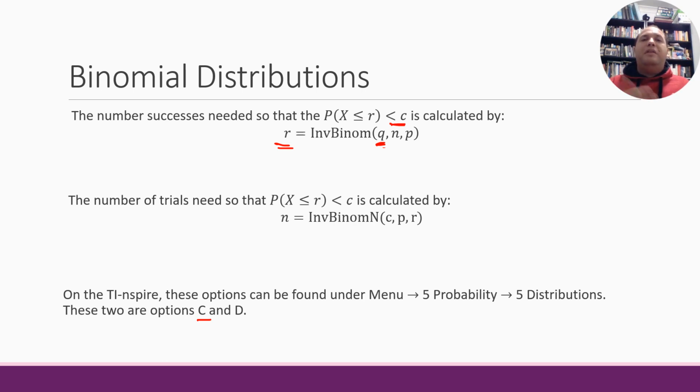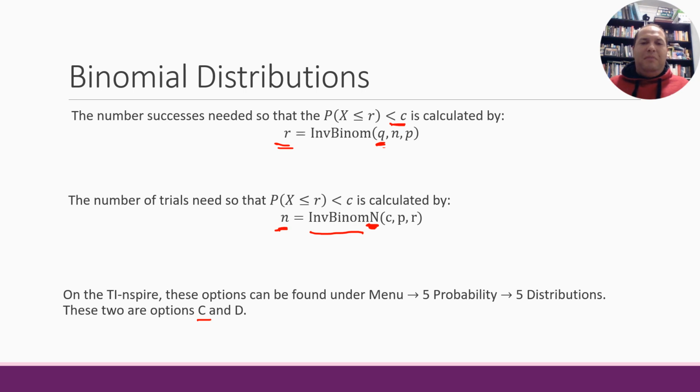Now, if you need to know the number of trials that need to be taken to reach a certain probability, so if you know how many successes you want, but we don't know the number of trials, this time you use binom n. So the big giveaway, if you're calculating n, there's an n in the formula you've got there.